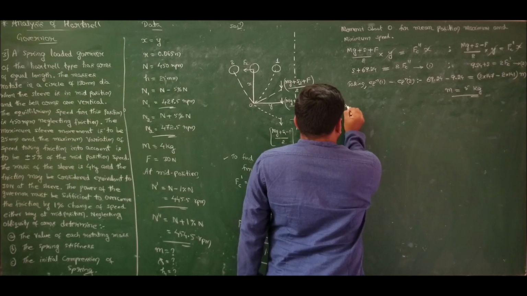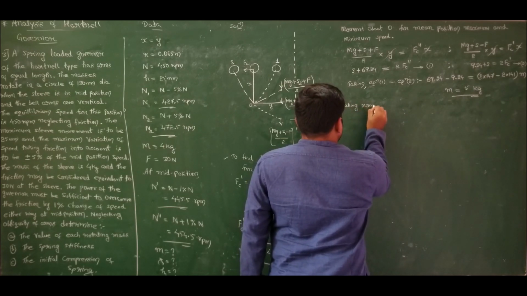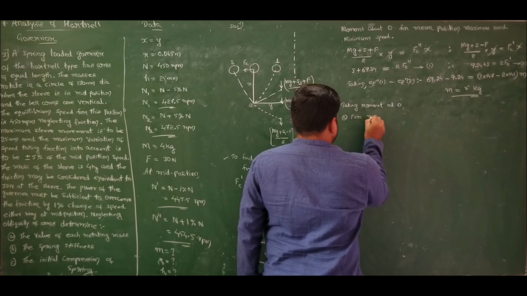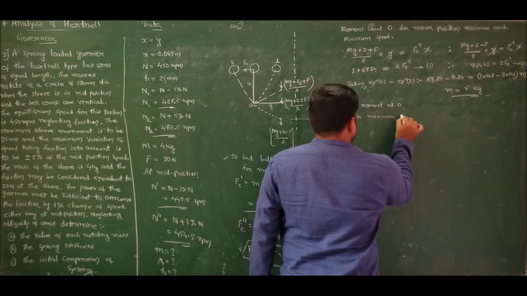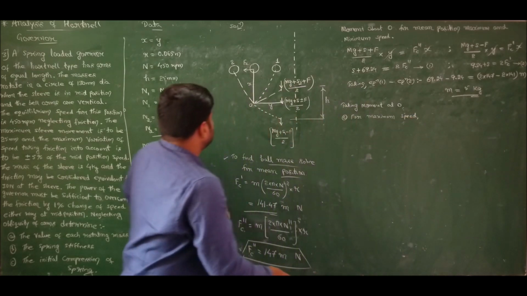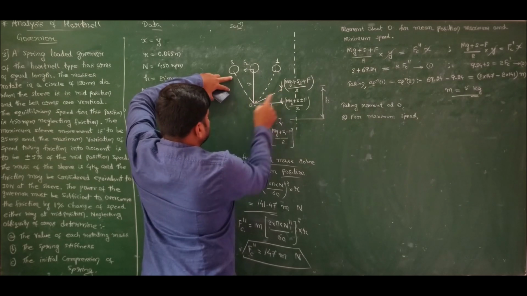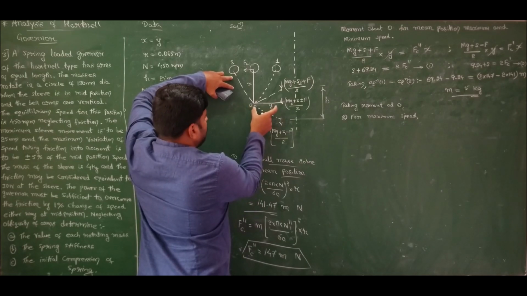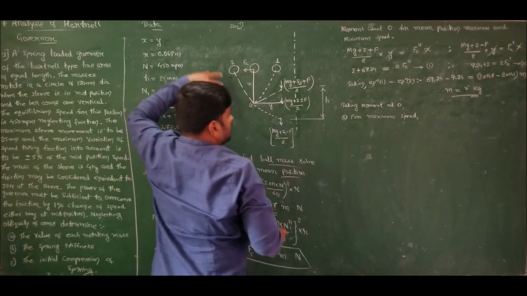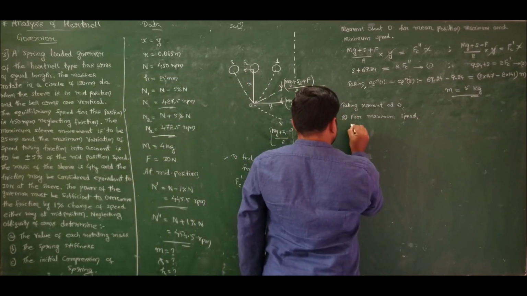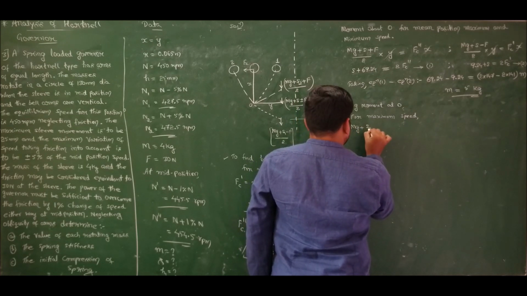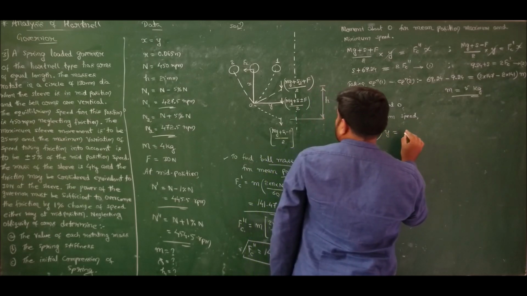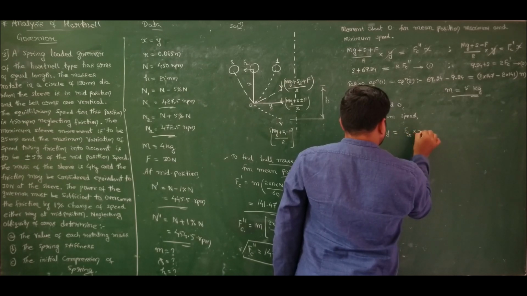Now taking moment at O for maximum speed, that is at position 2. So we have mg plus s2 plus f by 2 multiplied by y must be equal to Fc2 into x.